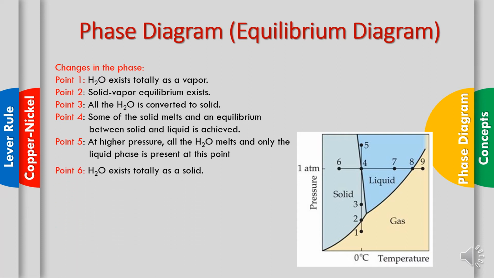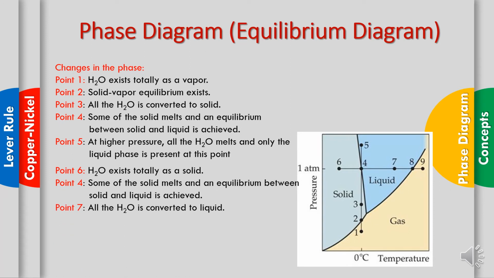Okay, whereby at point 6 we have H2O basically in solid or ice, and at 4 is an intermediate phase boundary, whereby ice and water exist in equilibrium.